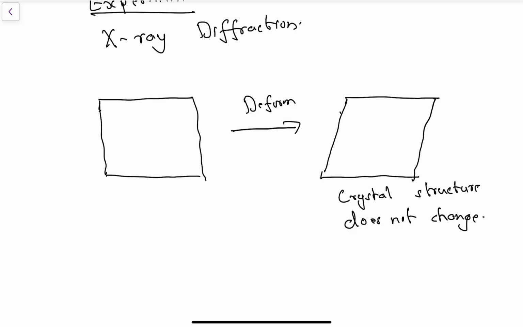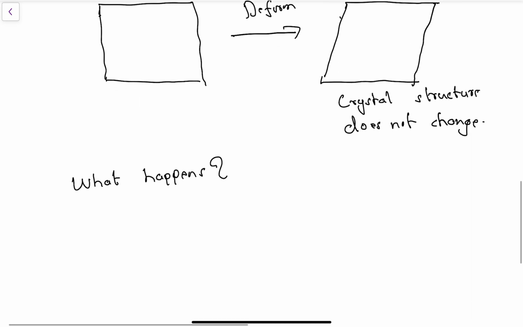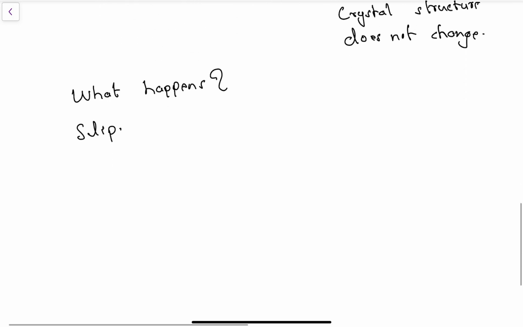So what is the mechanism of plastic deformation? That is the next question. Without changing the crystal structure, how does this deformation occur? This happens because of a process called slip.